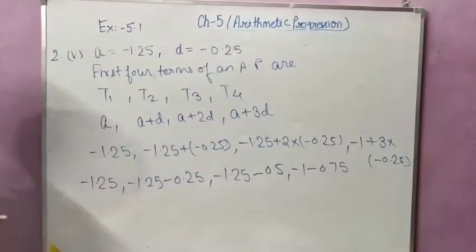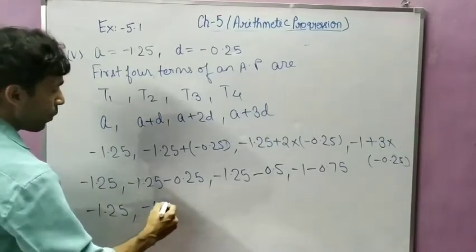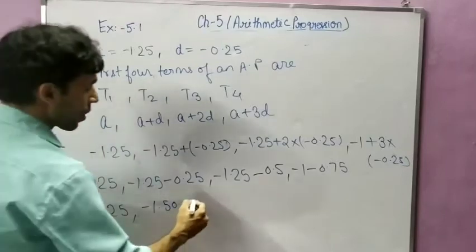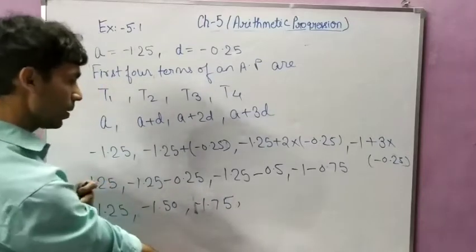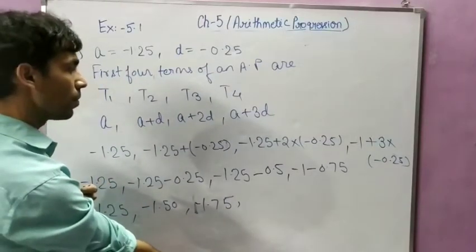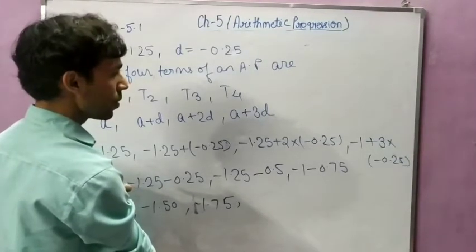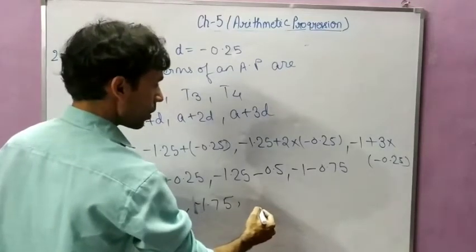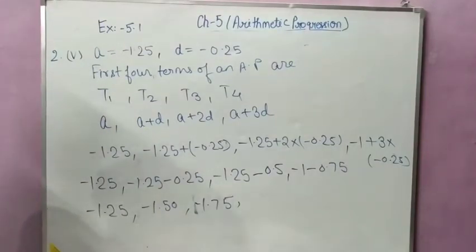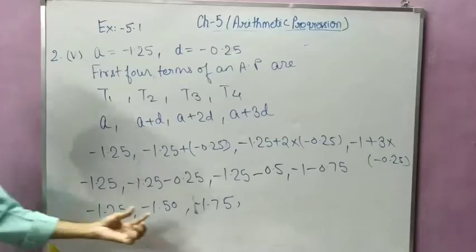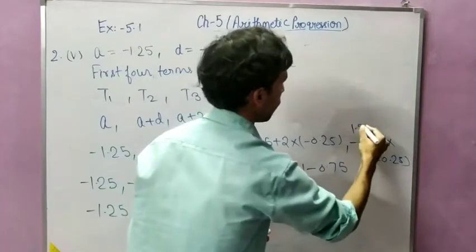Now do all the calculations. So first term will be minus 1.25, second term will be minus 1.50, third term will be minus 1.75, and fourth term will be... wait a minute, first term, second term, third term, that will be C. Here will be 1.25.